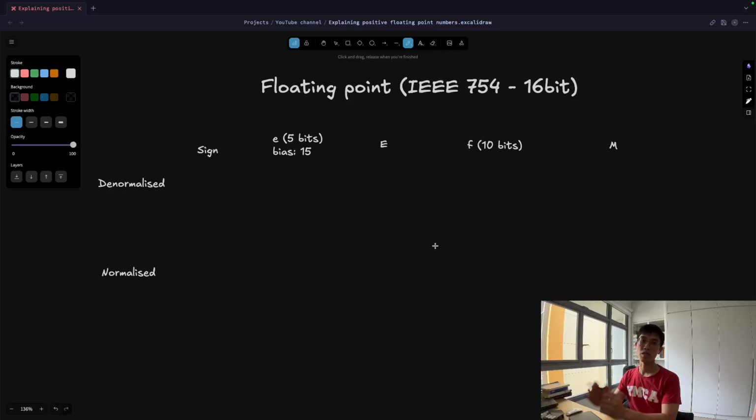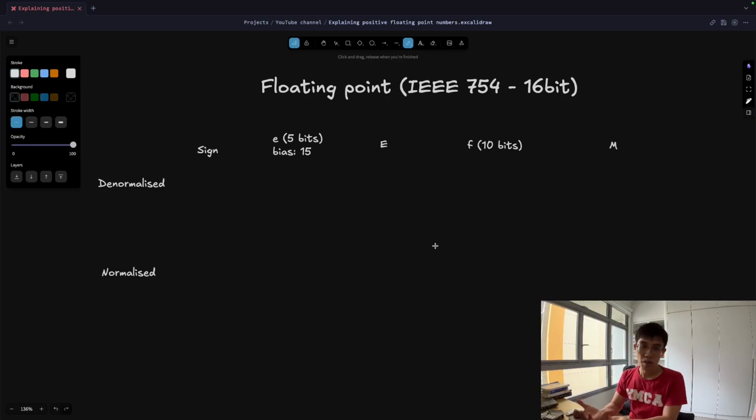I'll be using the 16-bit floating point number to explain and share my understanding of how floating point numbers are represented with binary. I chose 16-bit because it's smaller, so there's fewer bits to deal with compared to 32-bit as well as, of course, 64-bit. 16-bit is the smallest official IEEE specification.